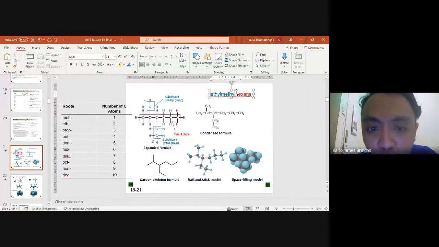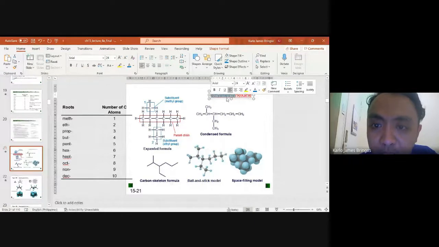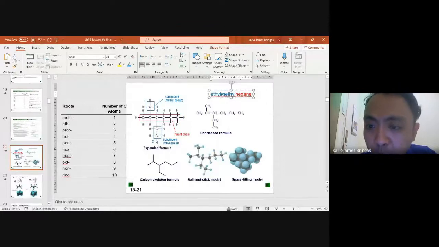And finally, to completely finish this one off, kailangan muna natin i-indicate saan ba nakaposition si ethyl and saan ba nakaposition si methyl. Because here, sa pangalan lang na ito, we have no way of knowing saan banda si ethyl makikita sa ating parent chain. Similarly, we also don't know saan banda nakakabit si methyl na group.